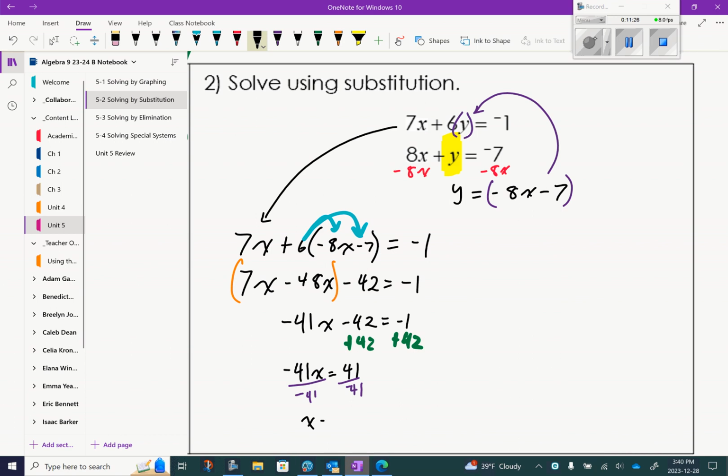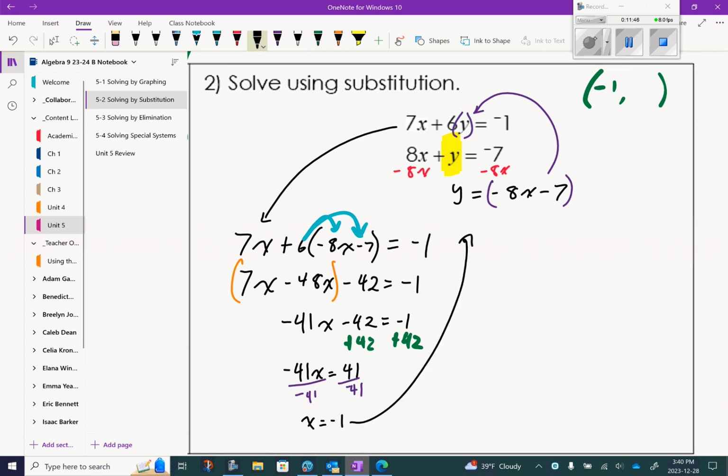Negative divided by negative is positive 1x. 41 divided by negative 41 is negative 1. So I'm saying these two cross at a point where the x is negative 1.